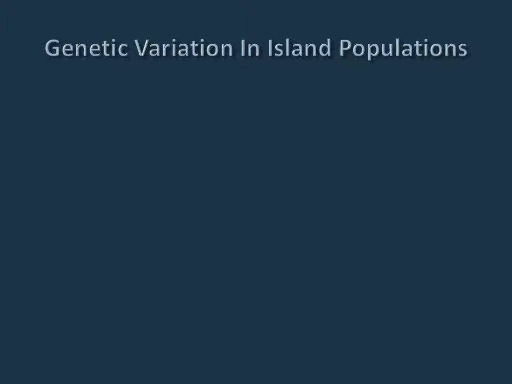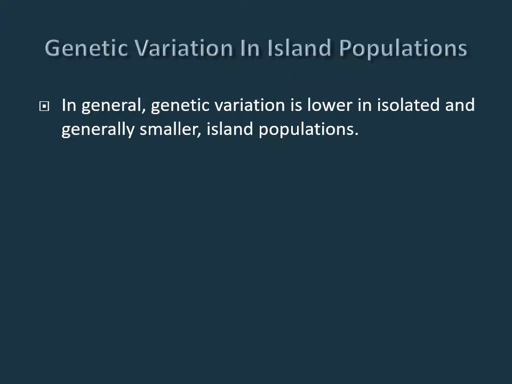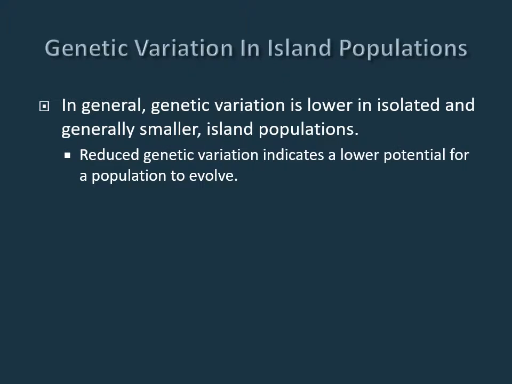Let's look at genetic variation in an island population, because an island is sort of an isolated area that's not mixing with surrounding areas. In general, genetic variation is lower in isolated and generally smaller island populations, just the same as the spruce that only lived on the top of the mountain range. Reduced genetic variation indicates a lower potential for a population to evolve.